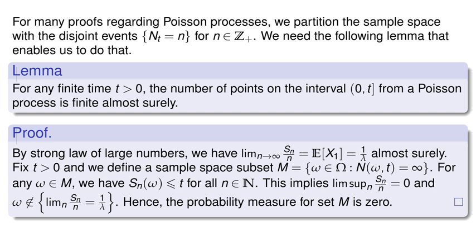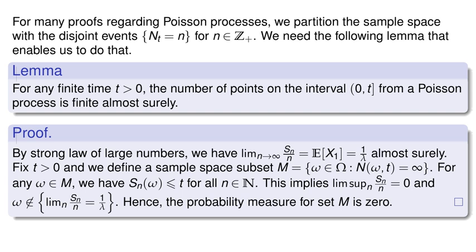Now, fix some t greater than 0. Let M be the set of outcomes omega in Omega for which N(omega, t) is infinite. If an outcome omega is in M, it means S tilde n of omega is less than or equal to t for all natural numbers n.